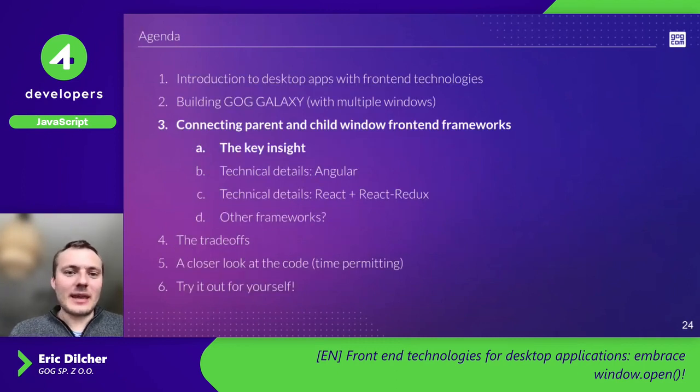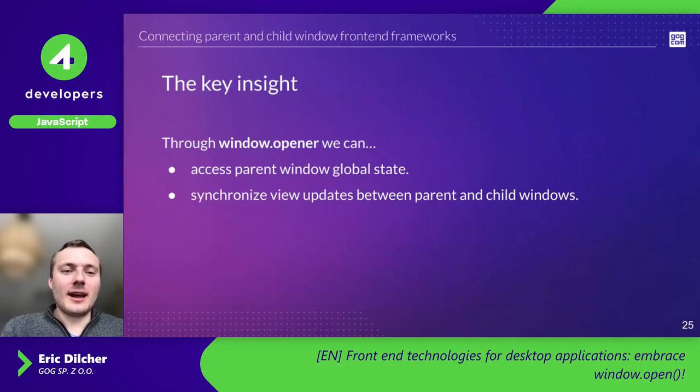So then we came up with an idea of how to actually connect directly the parent window Angular framework in this case, and the child window Angular framework. And the key insight for this was realizing that through the window.opener property in the child window, so this is the property that gives you a reference to the global window object in the main window of the opener window, we could access the parent window's global state.